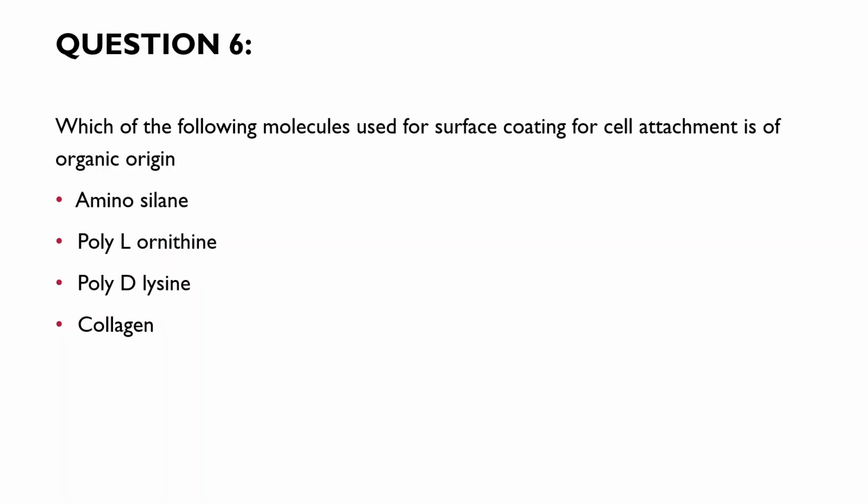So we have previously already discussed that poly-L-lysine is used for coating the surface of the cell culture plate, and it helps cells to bind to the surface of the cell culture plate. So definitely poly-D-lysine is not the correct option. Now we also need to find from amongst these options which of these molecules is organic in nature.